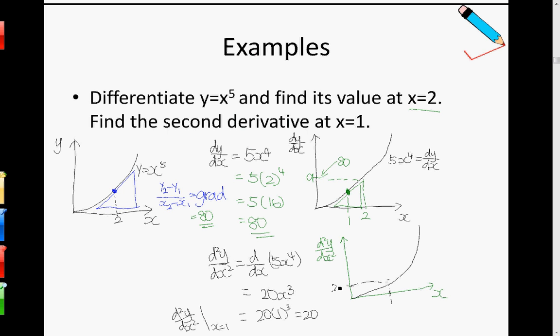So this value here is 20. If I were to use the gradient method on graph paper, I would also expect to get 20. So you see the benefits of the differentiating function actually.